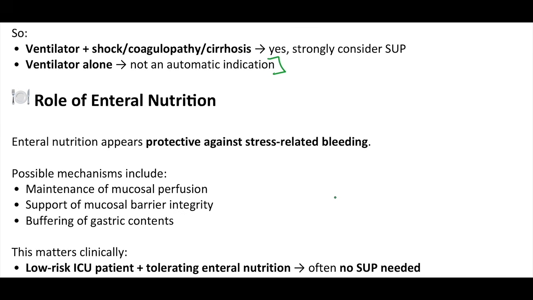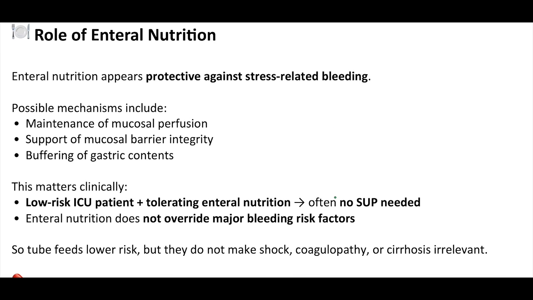What about the role of enteral nutrition? Well, enteral nutrition does appear to be protective against stress-related bleeding. And this has a couple of postulated mechanisms. One of those is maintenance of mucosal perfusion. As we feed the gut, it triggers our body to increase the blood flow to the gut, and that might improve mucosal perfusion.